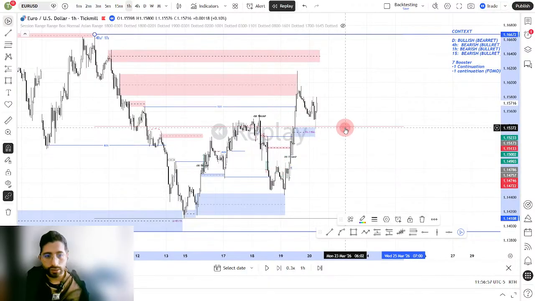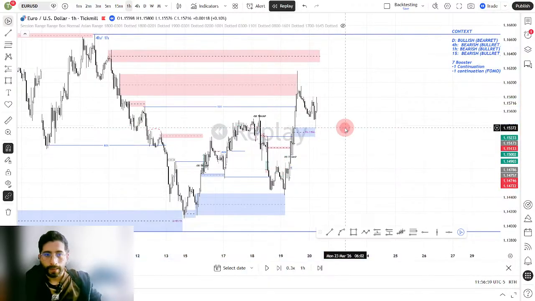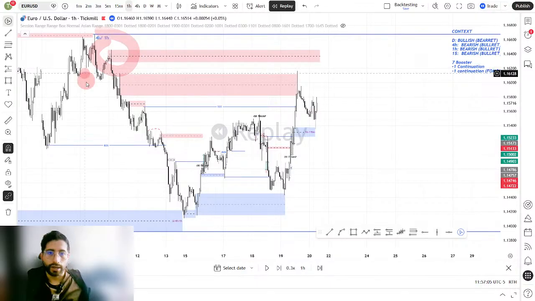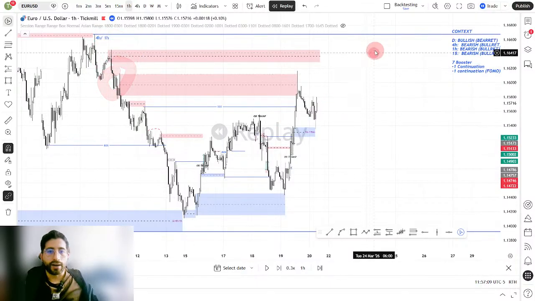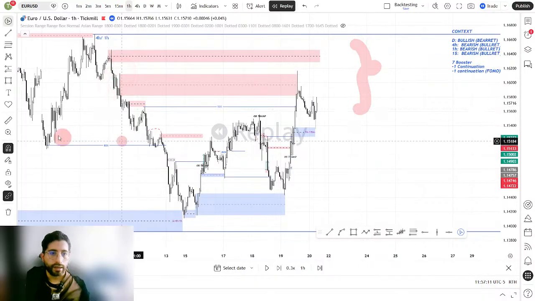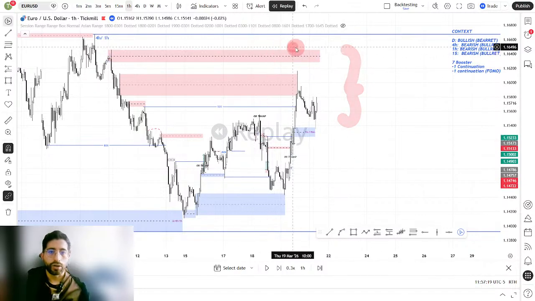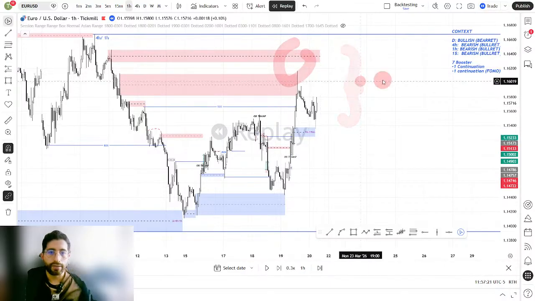I don't like to use that tool at all because what I do is that I mark the order blocks, for example, the extreme or the decisional order blocks, and they are automatically in the zone. So those are premium. Sorry, these are discount order blocks. So order blocks in which the price will have a reaction.